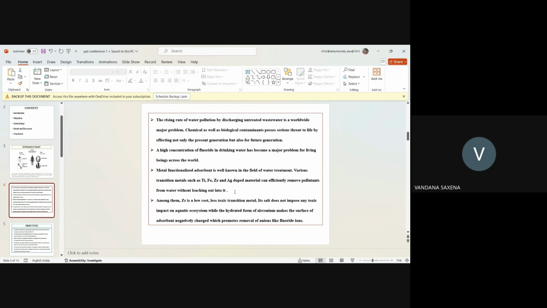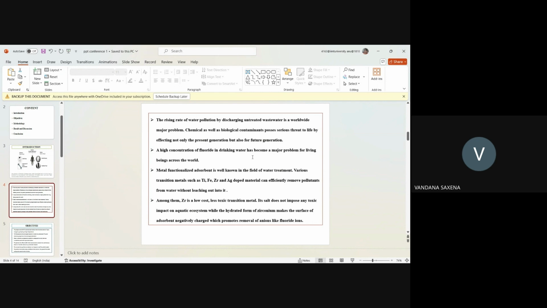The high concentration of fluoride, as I discussed, has a very crucial impact on human health. There are so many methods that have been developed earlier to defluoridate water bodies, using the electrostatic method, precipitation method, oxidation method, and adsorption method, of course.